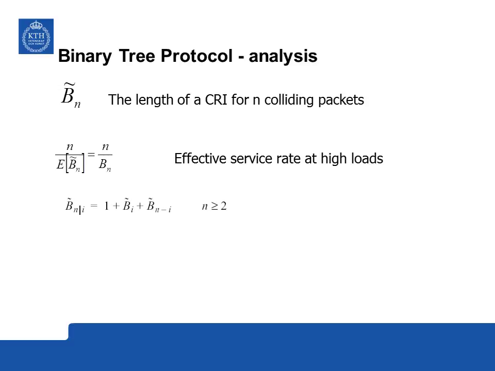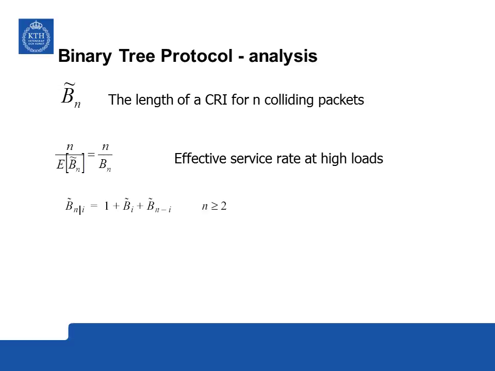We also realize that the binary tree protocol works in a way that for each collision we split the tree into subtrees, and the subtrees will have the same statistical properties as the original tree.